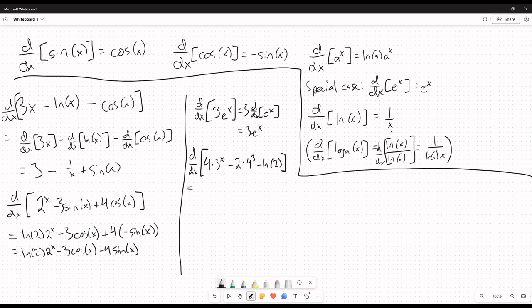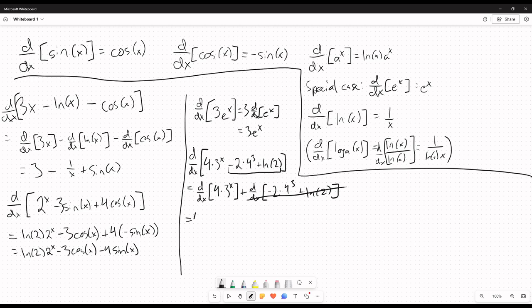This first term, I'll break it up just because this is a little bit more tricky. So we'll have 4 times 3 to the x as our first term, plus the derivative of minus 2 times 4 to the 3 plus natural log of 2. I put those all together because that's a constant. So that's just going to be 0, and we can basically just ignore that.